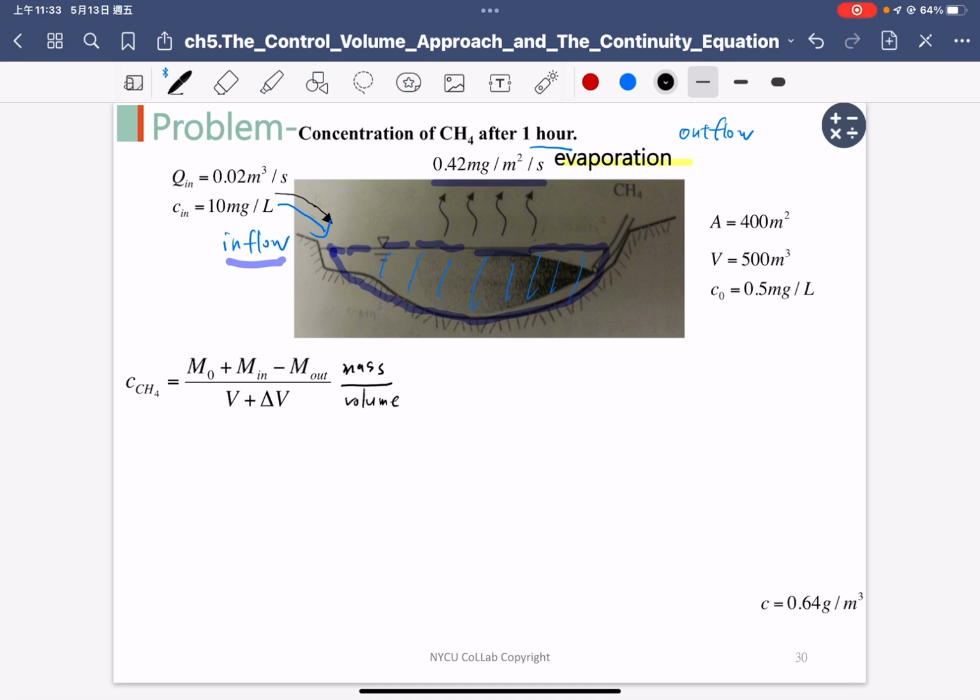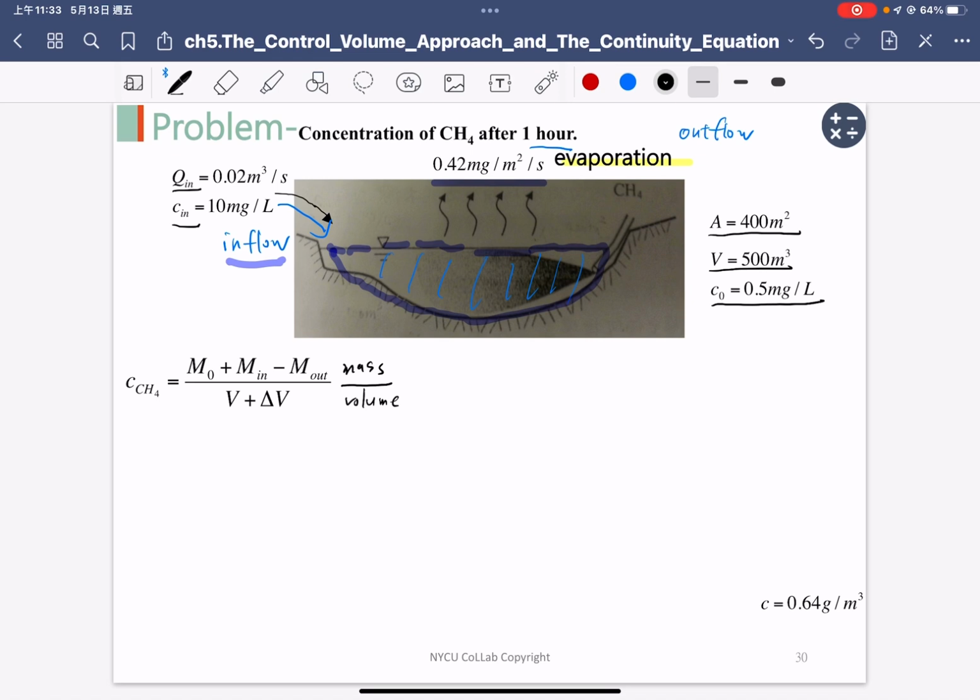Here we have the original concentration C0, our initial concentration. This is the surface area of the water, and this is the water volume. And we have the discharge for the inflow and the concentration for the inflow.